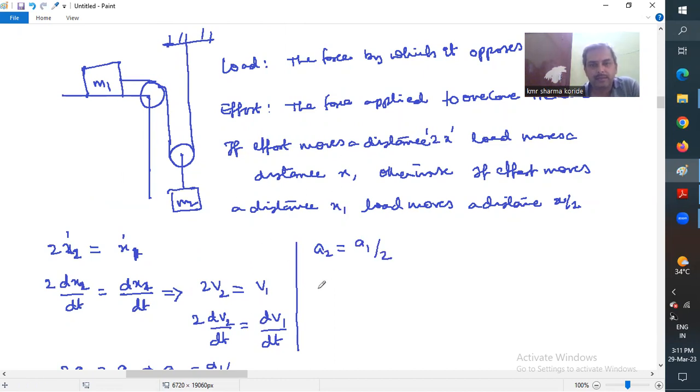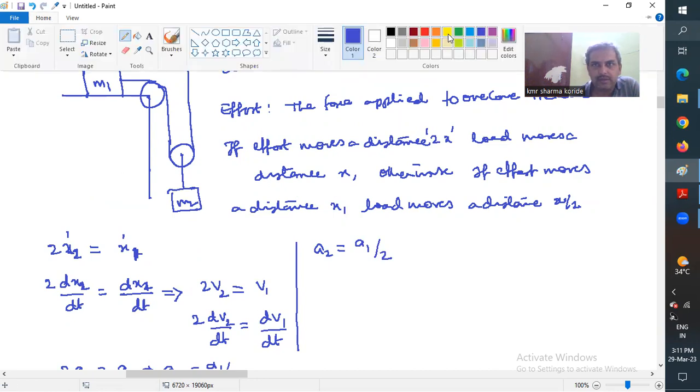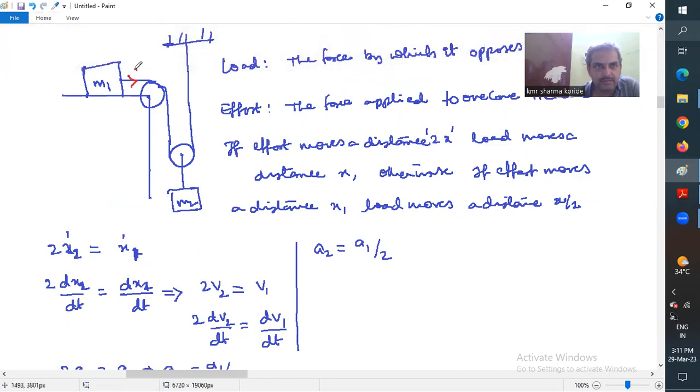Next, the free body diagram. Tension is the reason for the motion of m1. This is T, the tension in the string connected to m1. The tension in the string connected to m2 is going to be T dash, so T dash is equal to 2T. Free body diagram for m1: tension is the reason for the motion of m1 with a1, its corresponding acceleration.